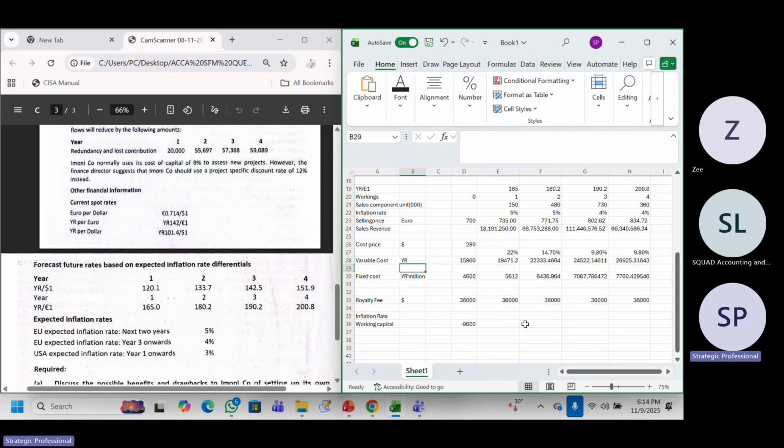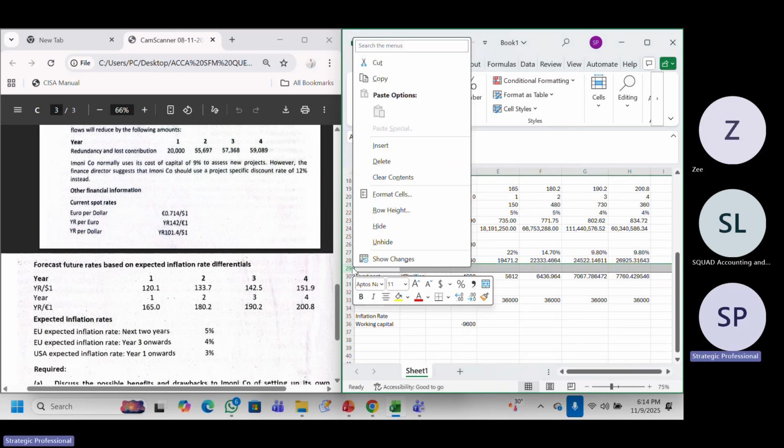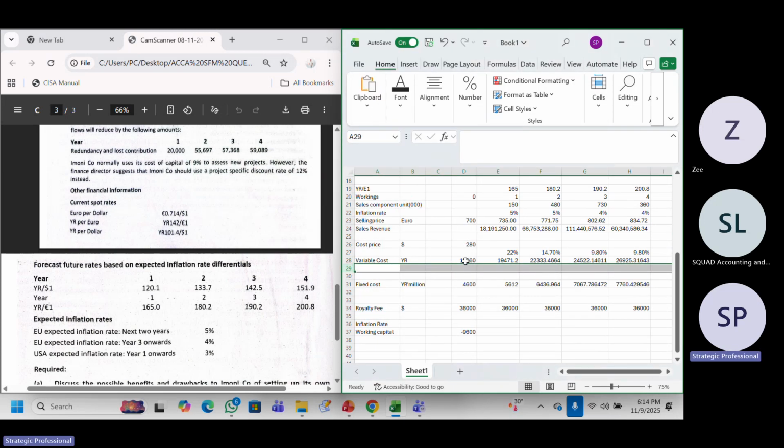So taking it straight, what do we need to do? We'll come here because this is the variable cost per unit. So we have to get the total variable cost. We come here, this multiplied by what? By 150, right?